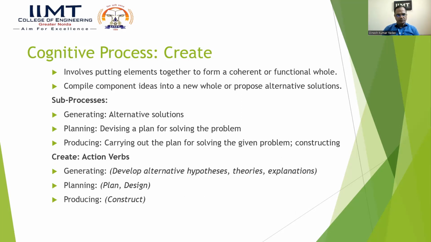If we are able to perform that, we say that we have reached the cognitive process of create. So we have to develop some alternative hypothesis or some theory or some idea which was previously unknown, not known to anybody till date. If we are able to do that, then we are at the create cognitive process.